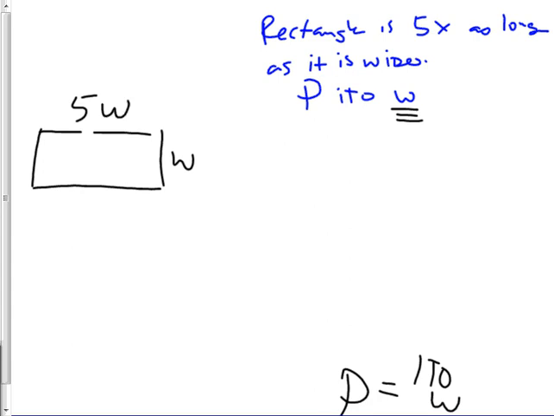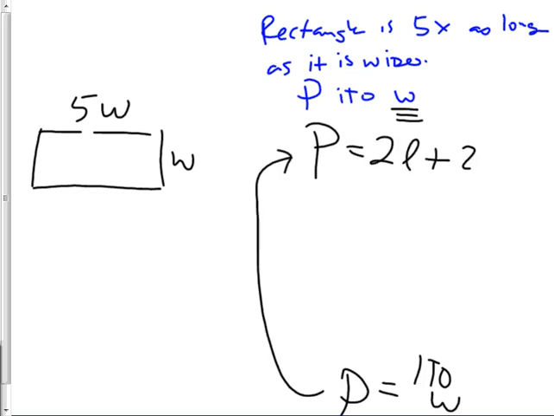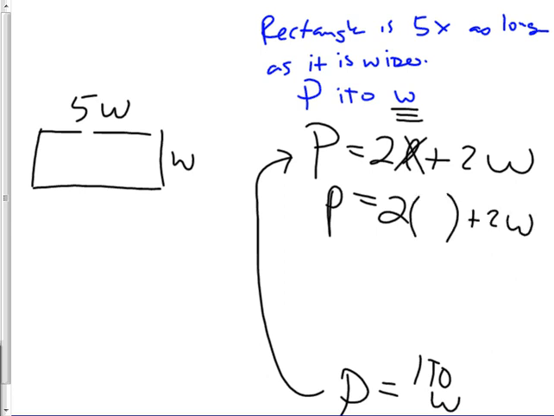Okay, now perimeter. If this is the main formula, I go back up here and write the main formula. 2 lengths plus 2 widths. So perimeter is 2L plus 2W, and what do I need to get rid of? Here's the key question. What's wrong with my formula now? It's all about that L. I need to get that out of there. And the L, I look over here, is 5W.